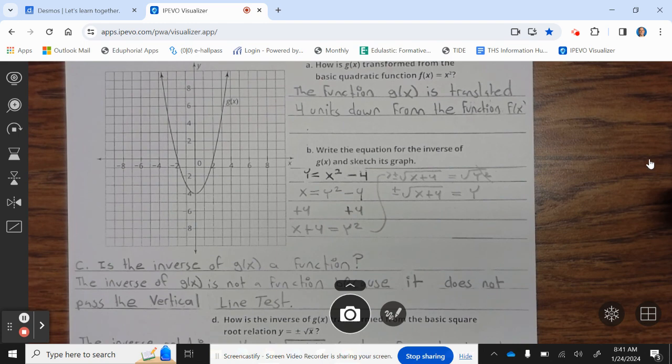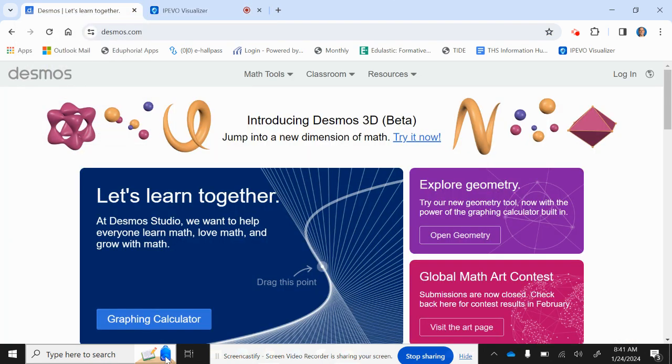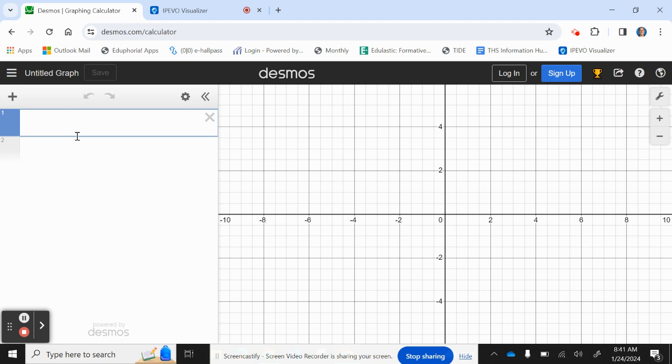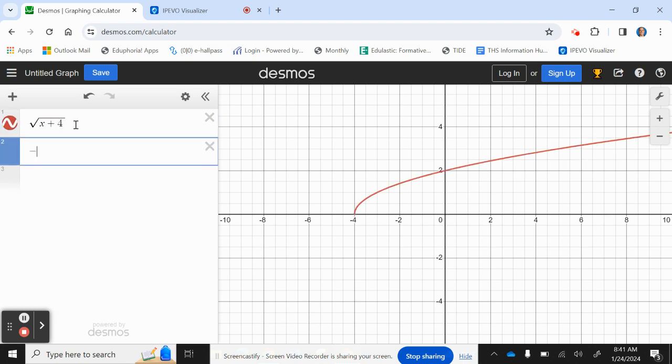All right. So let's go ahead and graph that in Desmos. Now it's plus or minus square root, so we're going to need to do the square root of x plus 4 and negative square root of x plus 4.